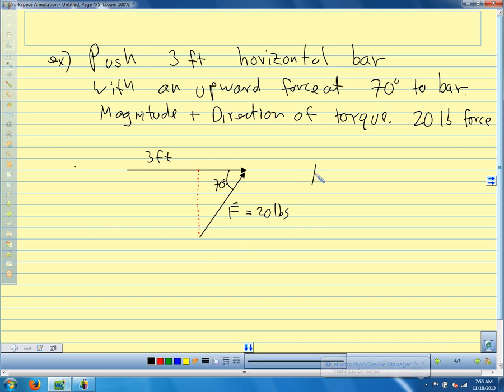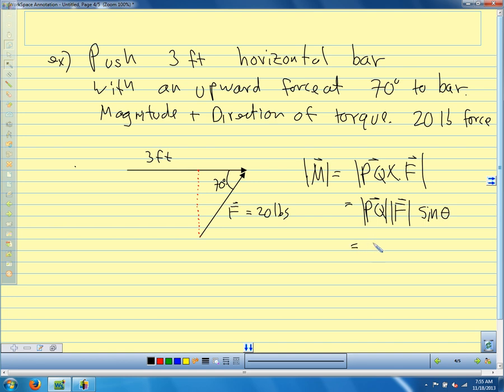There we go. So the magnitude of our torque is going to be the magnitude of PQ cross F. So that's just going to be the length of PQ times the magnitude of F times the sine of theta.